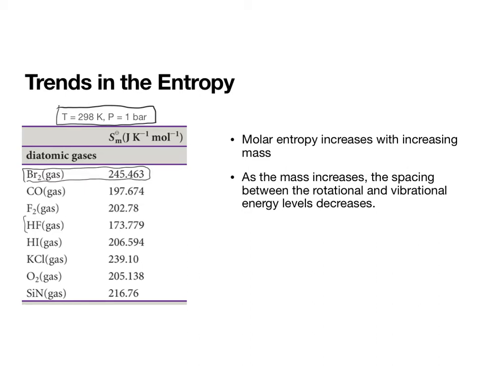If we compare HF to Br2, Br2 is much heavier than HF, and so we can see that the molar entropy increases with increasing mass. This is really due to the spacing between the rotational and vibrational levels decreasing as that mass gets bigger.